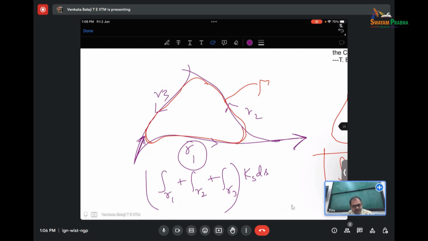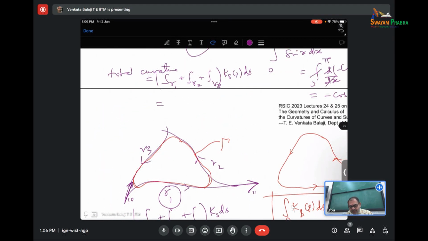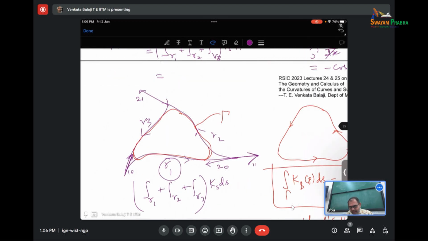Then, so I will call this as 1, 1 and 1, 0. Okay. Then integral over gamma 2 will give angle for this vector, which is 2, 1, minus angle for this vector, which is 2, 0. Right? And then integral over gamma 3 will be angle for this vector, which is 3, 1, minus angle for this vector, which is 3, 0. Right? And these are the differences in angles.